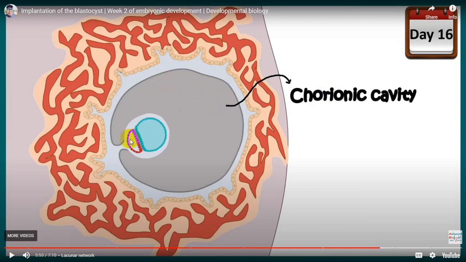So you can see this is the amniotic cavity, the yolk sac cavity, and the chorionic cavity comes around it. Then the chorionic cavity will end up producing the umbilical cord. And there is a portion of extra embryonic mesoderm that holds the inner part of the embryo, and this is known as the primitive stalk, which is otherwise known as the future umbilical cord.